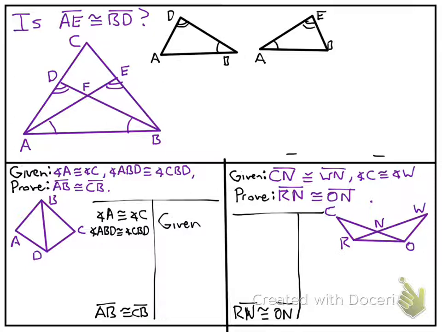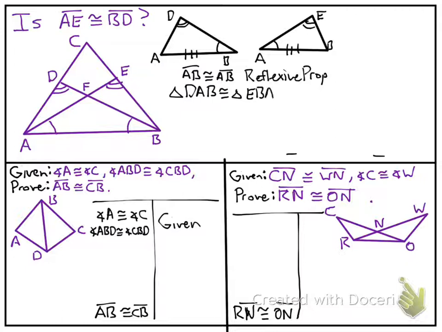So what do I know from this? Well, I also know that AB is congruent to itself. That's going to be by reflexive property. And once I have that, I can say that triangle DAB is congruent to triangle EBA by angle, angle, side.